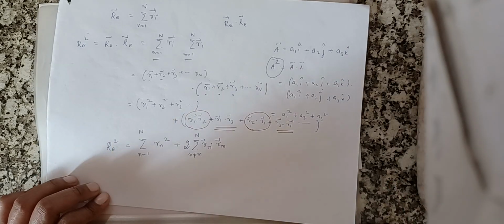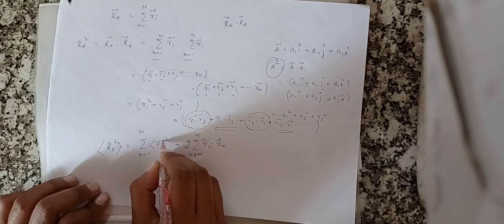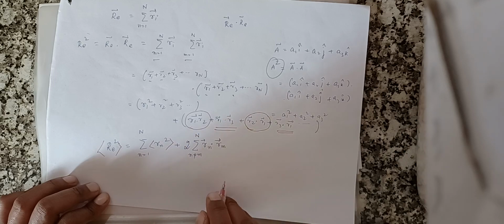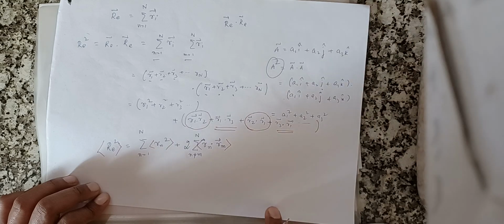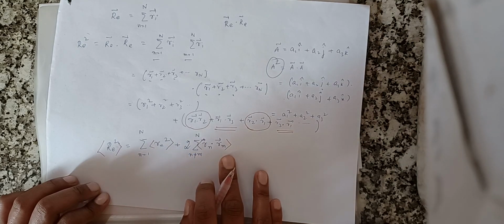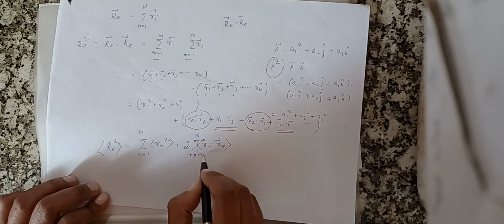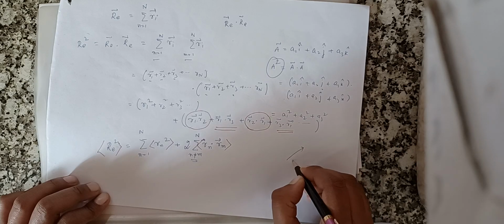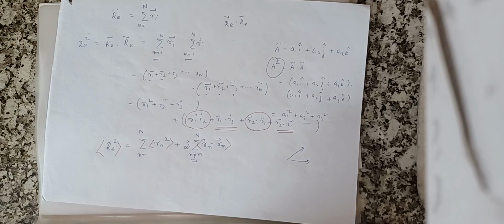Now I take the average. I take the average here, I take the average here, and these terms should all be averaged like this, right? When I take the average in all these three parts, what I see is that when n is not equal to m, you are multiplying two statistically independent vectors and taking a dot product of them.